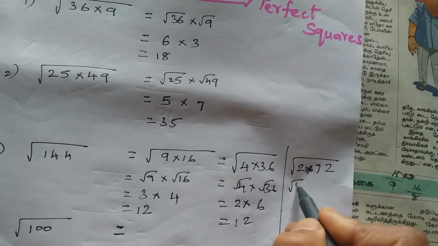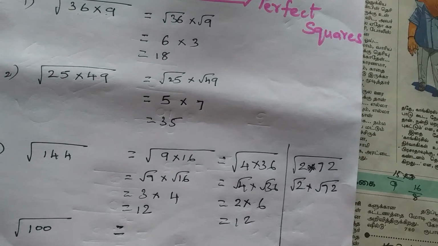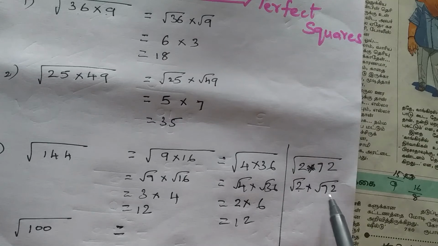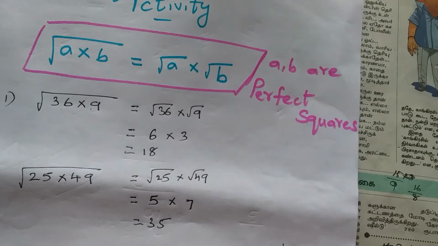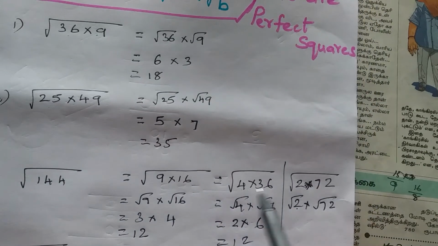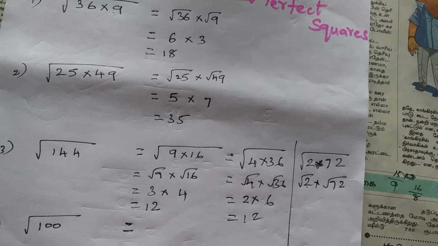Now, if you split it as root of 2 into root of 72, is it easy to find the square root? Instead of doing this, we can find the root of 144 directly. So, when you split here, because 2 and 72 are not square numbers, that is why the condition is given here. A and B are perfect squares. So you have to split it in such a way that these two numbers are perfect squares.